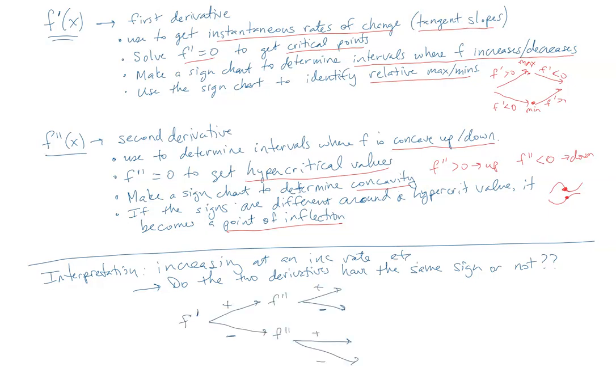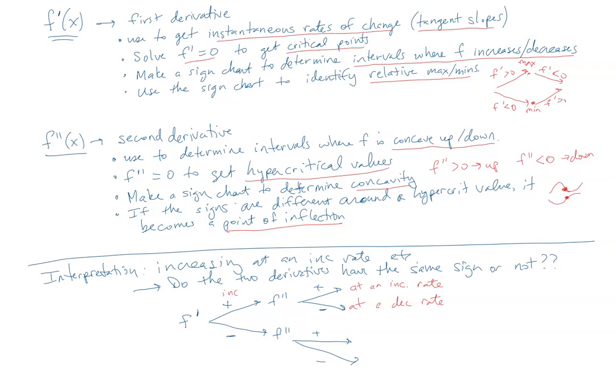So this might overcomplicate things, but you can make a sign chart. For example, if the first derivative is positive, then we know we're increasing. And if the second derivative is also positive, then we're increasing at an increasing rate. If the first derivative is positive, we're increasing, but the second derivative negative, that would be at a decreasing rate.